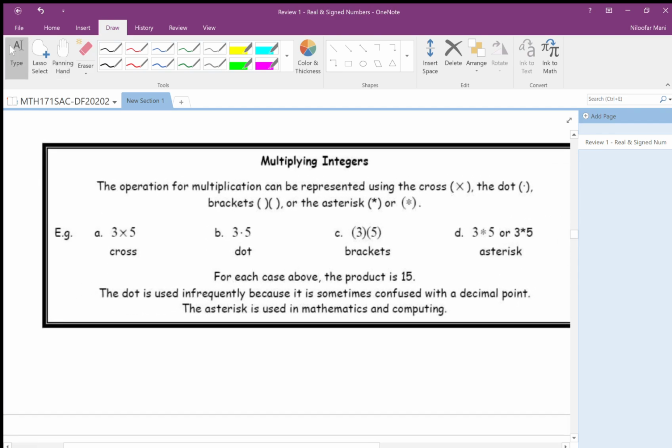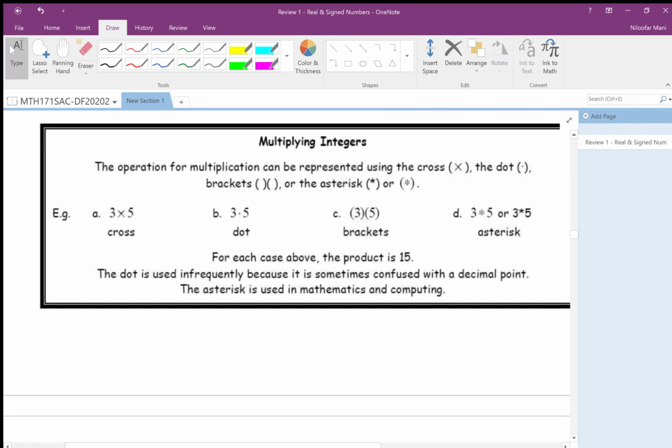So, multiplying integers. I can show different symbols for multiplication. I can show this as a multiplication sign. I can show a dot as multiplication. I can show 2 brackets beside each other, and that means multiplication. And I can show these stars.